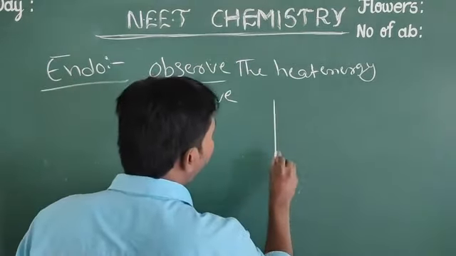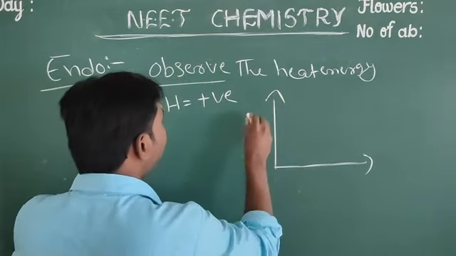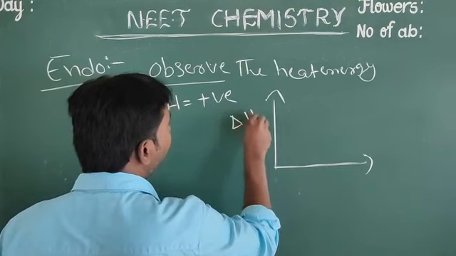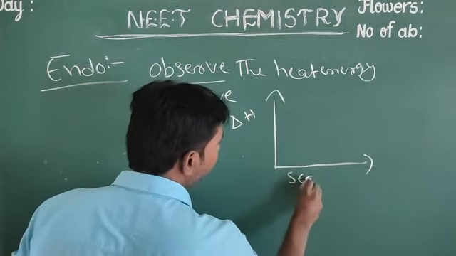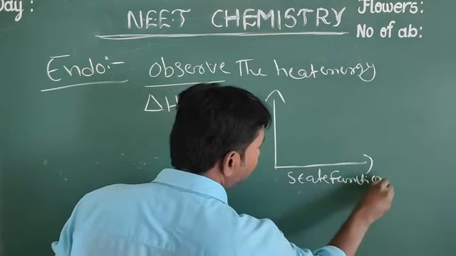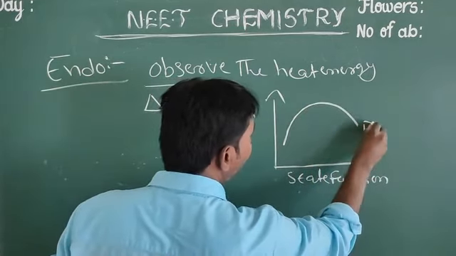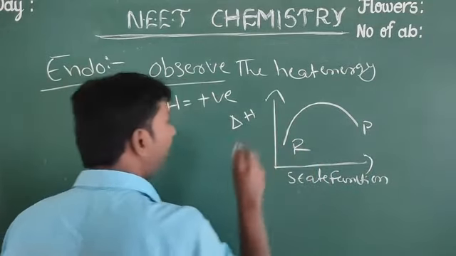If you draw the graph of enthalpy change against state function, it comes like that. This is product, this is reactant.